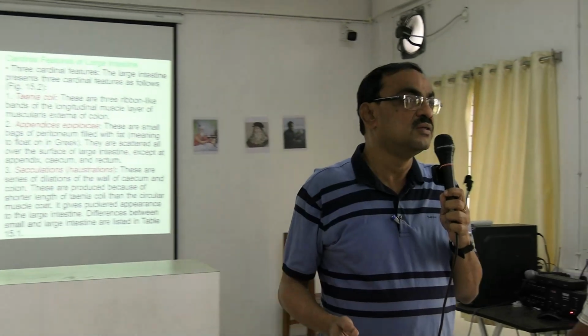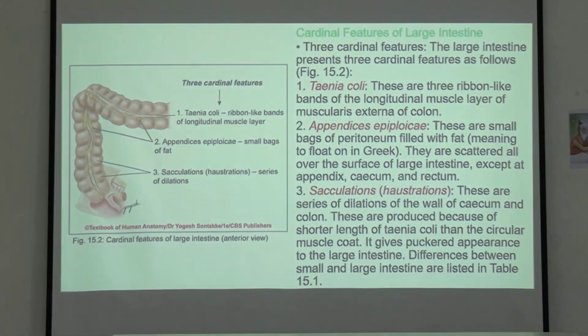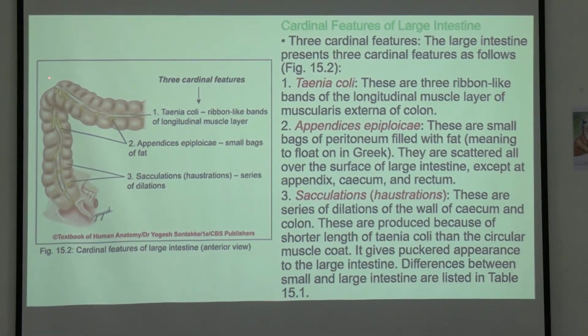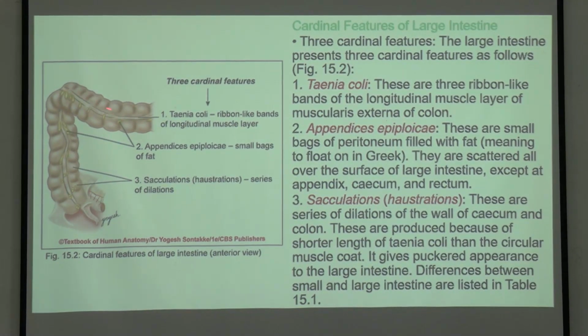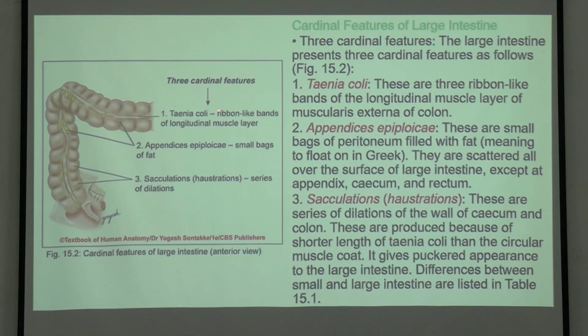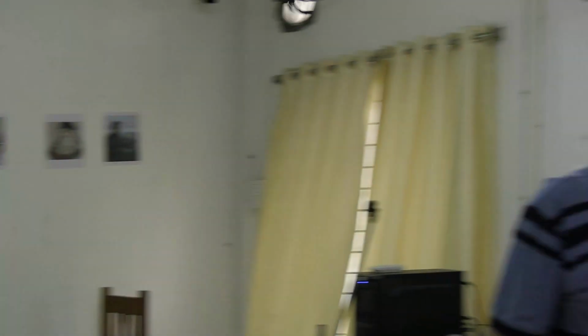There is a colic impression on the undersurface of the liver, actually created by this right colic flexure. From here this part of the large gut is oriented horizontally or transversely, so that part is called the transverse colon.